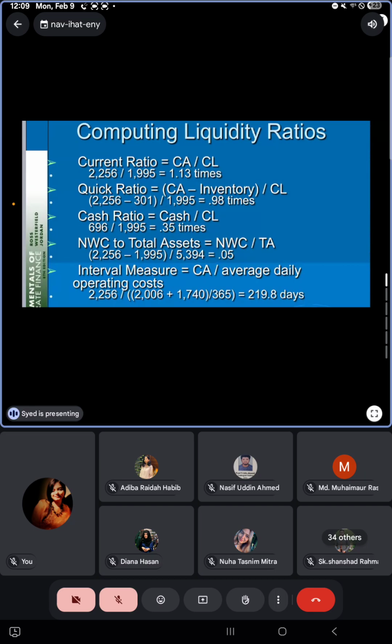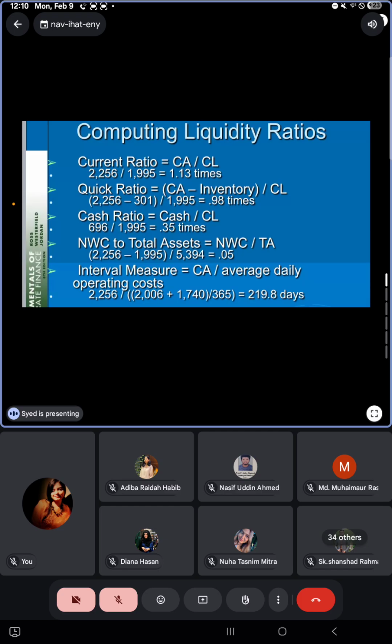So the quick ratio 0.98 times implies, now I'm talking about the interpretation, to pay each $1 of current liability, the firm has 98 cents or $0.98 of liquid assets. Okay.